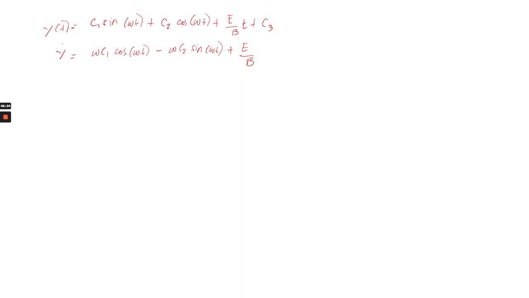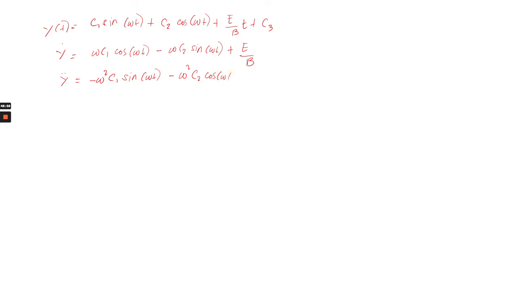Taking the derivative again, the second derivative, you get negative omega squared C1 sine omega t minus omega squared C2 cosine omega t.